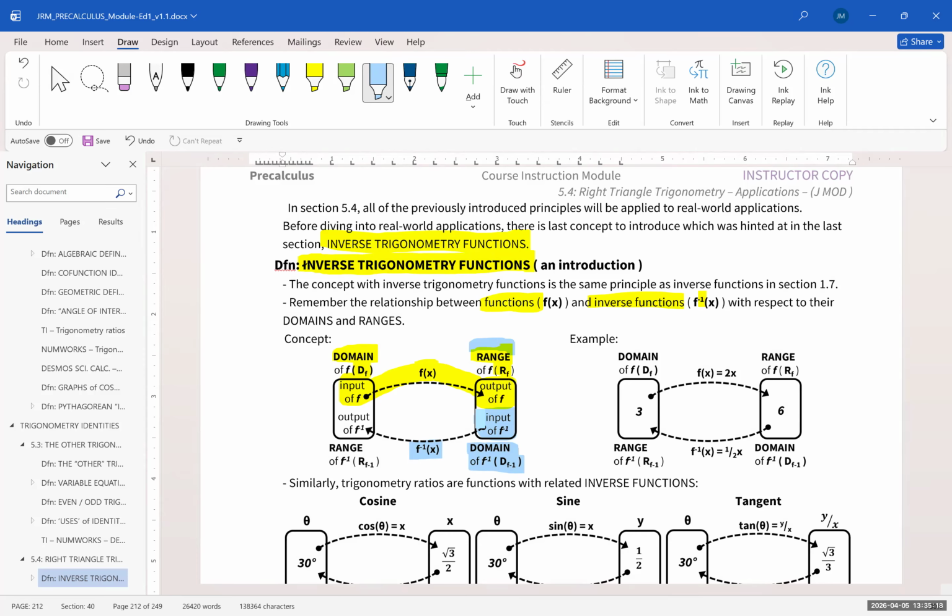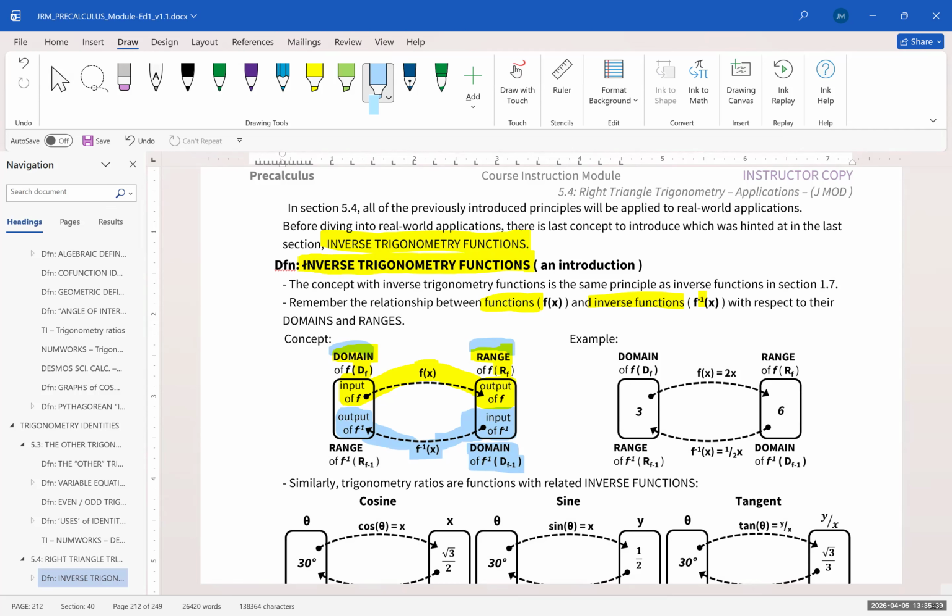And so as a value from the range of f goes into our inverse function, what comes out of the inverse function is an element of the domain of f. So this is what it means for two functions to be inverses of each other.